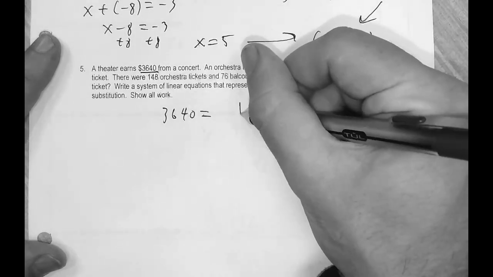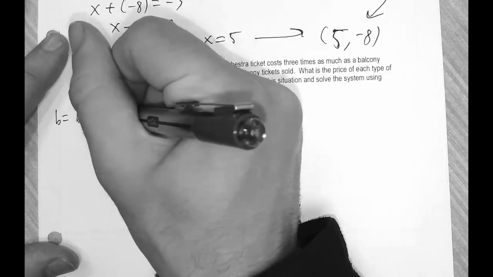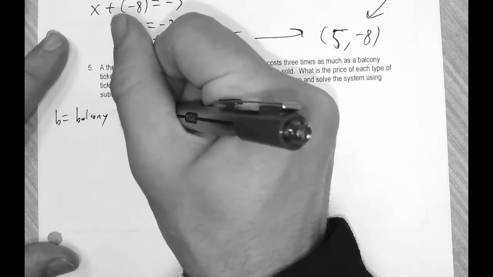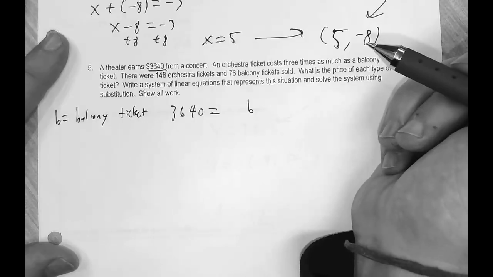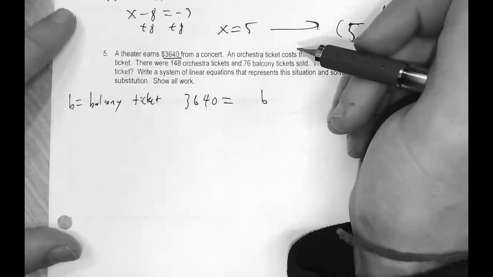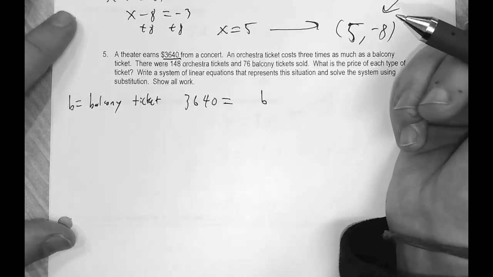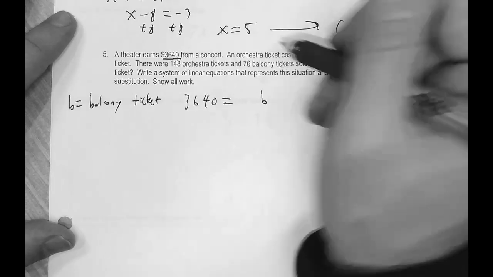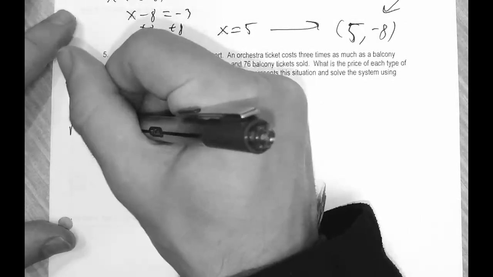We'll call that B. So over here, let me say B is going to be balcony, and orchestra is an O, but O looks like a 0, so I don't want to use O. Let me use an R. R is going to be orchestra.